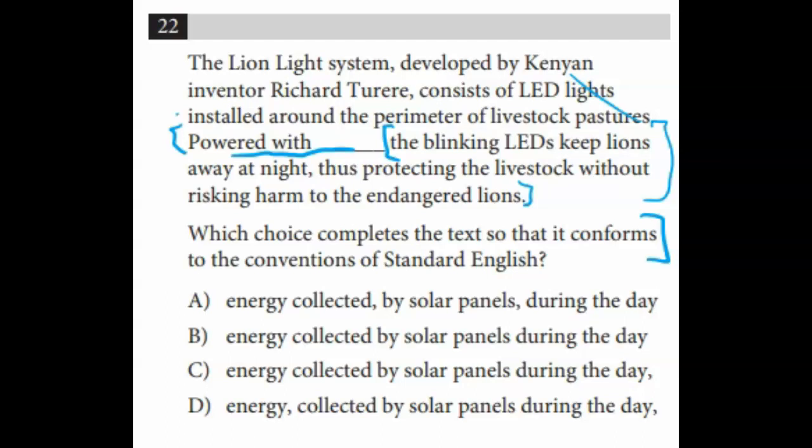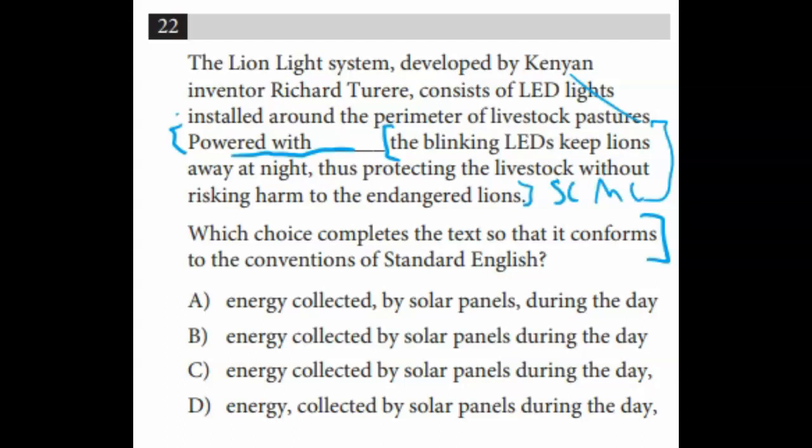You can read it as the blinking LEDs keep lions away at night, thus protecting livestock without risking harm to endangered lions. Boom. That sentence makes sense. But if you say powered with energy collected by solar panels during the day, and you ended that sentence, it wouldn't make sense. That's how you know it's a subordinate clause and a main clause.